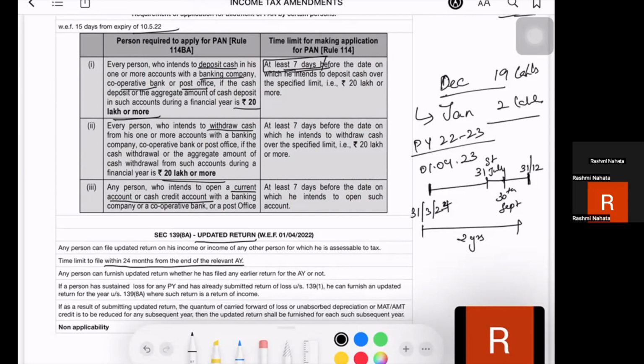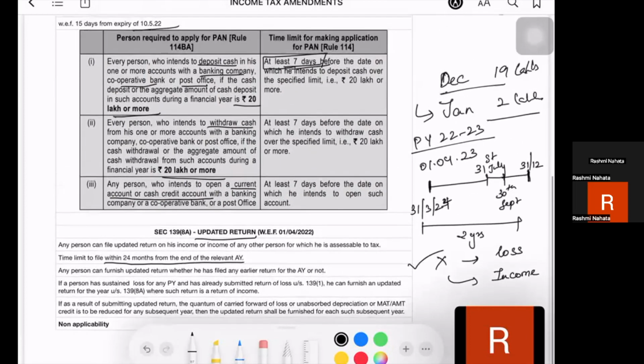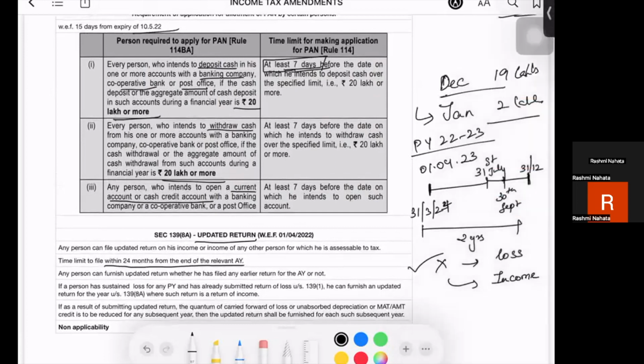Let's say, for example, X has filed a return which had a loss. The original return had a loss, and now he wants to file an updated return and declare income. Can he do so? Yes, he can. But let's say X has filed a return of income, and he now wants to file an updated return declaring loss.